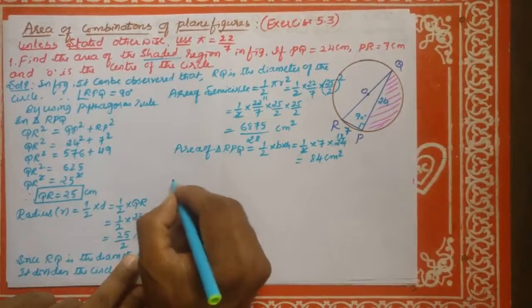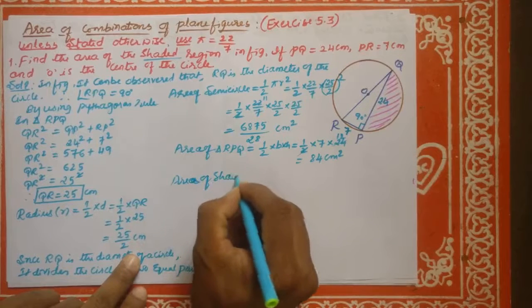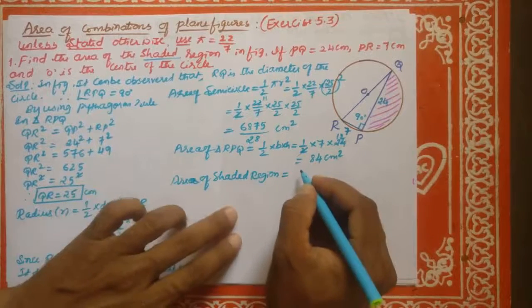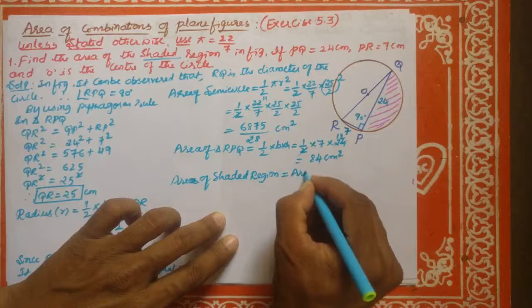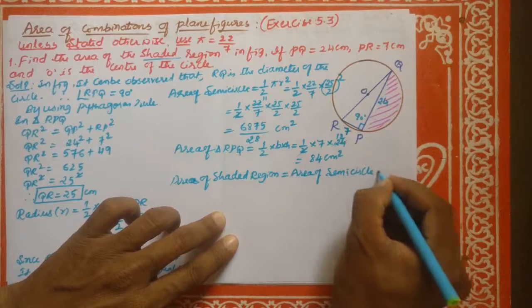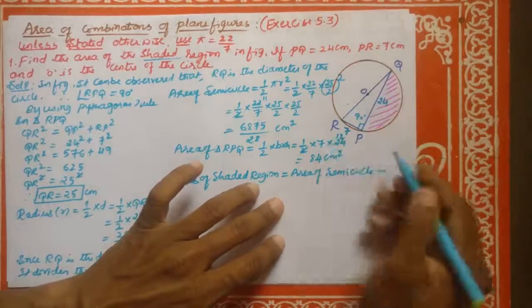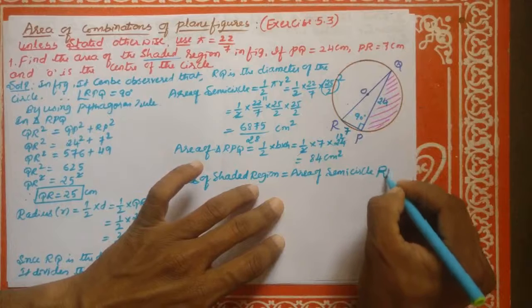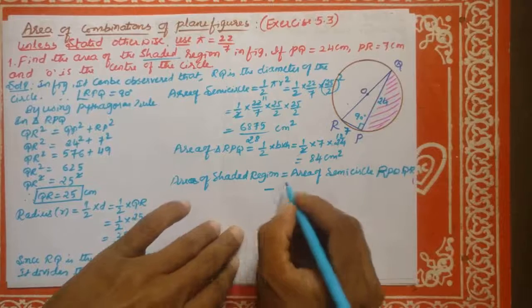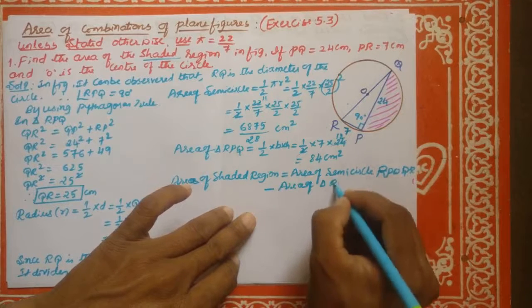Area of shaded region is equal to area of semicircle, that is area of semicircle RPOQR, minus area of triangle RPQ.